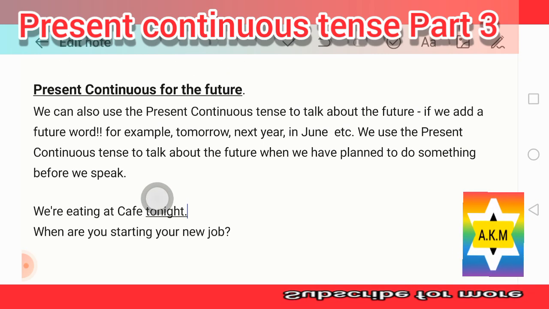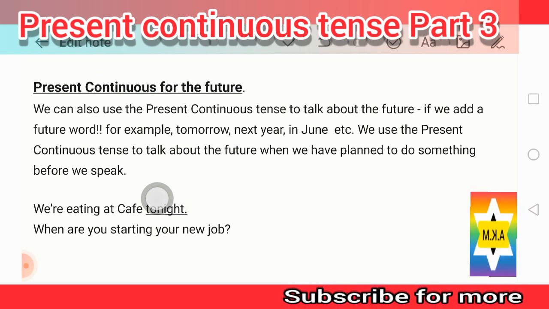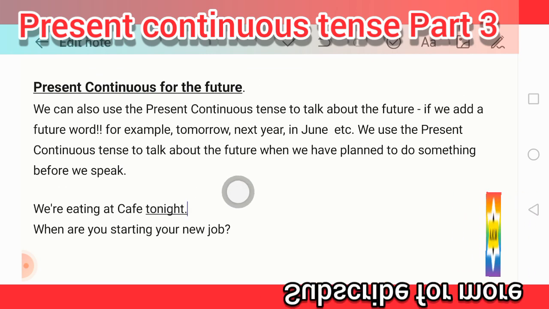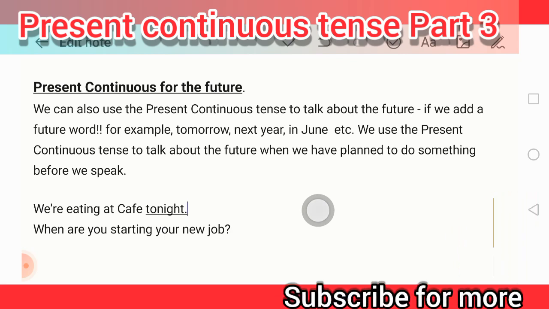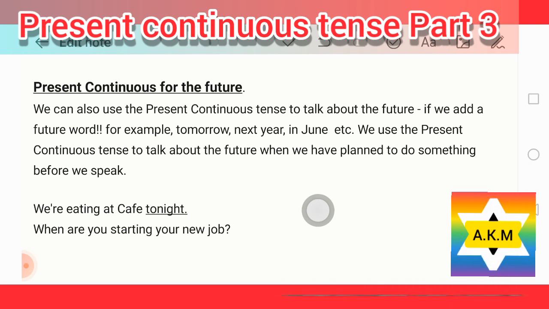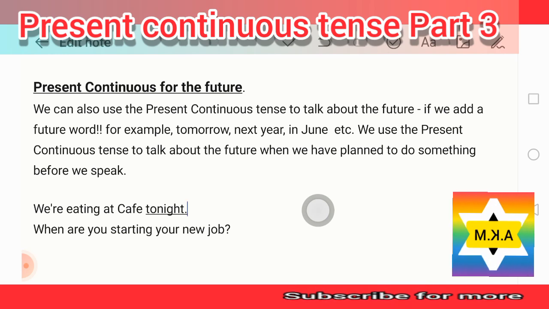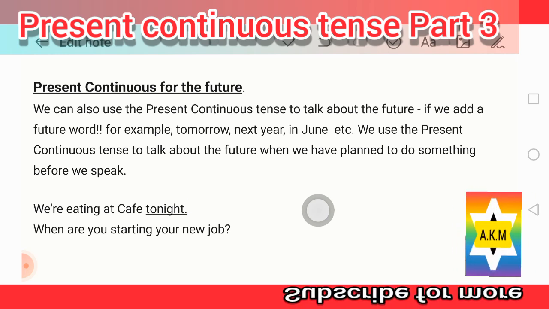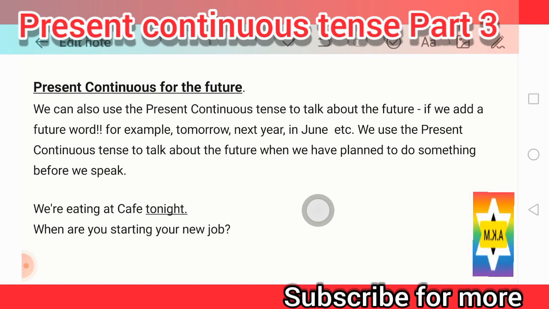So sometimes in this type of situation we use present continuous tense. Inshallah, I have also taught you about present simple tense, in four parts, which means four videos about present simple tense.